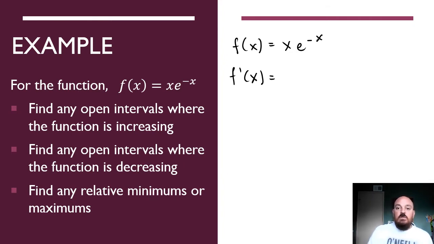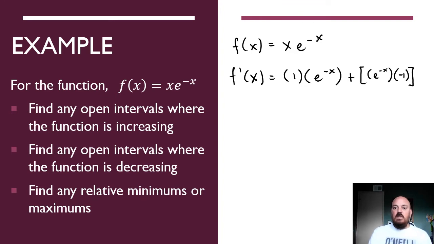The product rule is the derivative of the first, which is 1, the derivative of x is 1, times the second function, e to the negative x, plus the derivative of the second function. Now the derivative of e to the negative x, the first part of it is e to the negative x, but then you do chain rule. You multiply by the derivative of negative x, which is negative 1. And that'll all be multiplied times the first function, which is x.